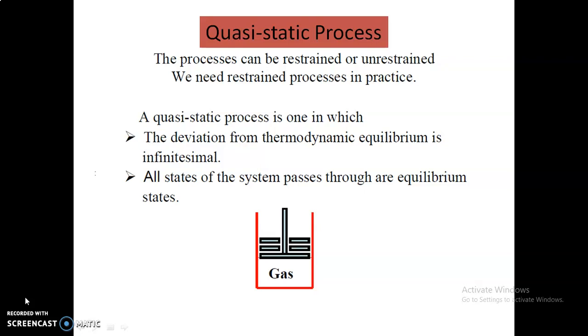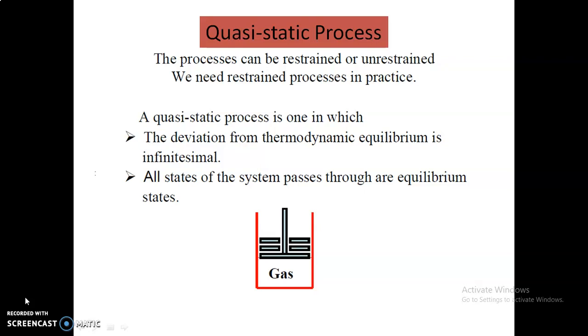State 1 is an equilibrium state and 2 is also an equilibrium state, but we don't know about the intermediate points between those two states. If they are finite or determined, then we say that it is a quasi-static process. So the deviation from one state to another state is infinitesimal, and all states of the system pass through equilibrium states.